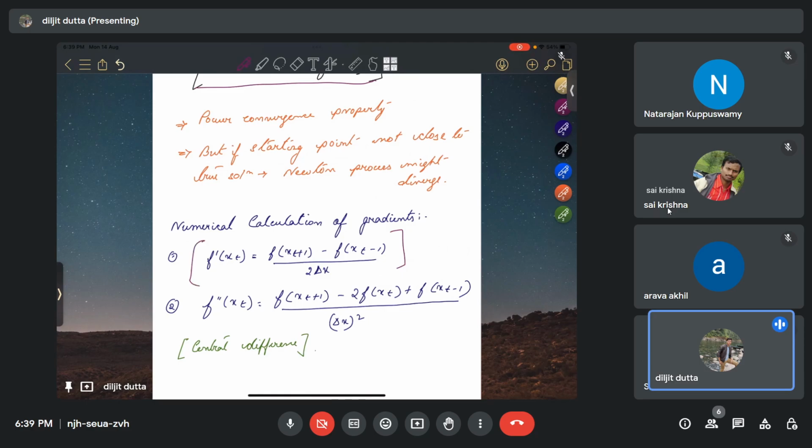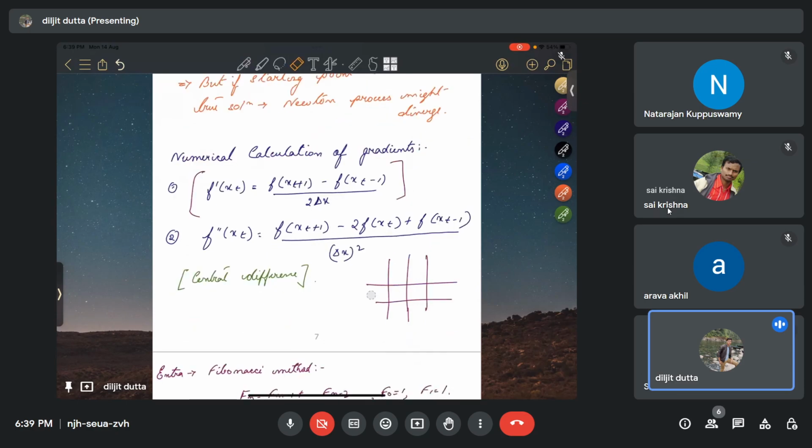So this is a central difference scheme. Suppose, like I will show you, these are 3 points: x_t, x_{t+1} and x_{t-1} in the domain, and this is delta x.